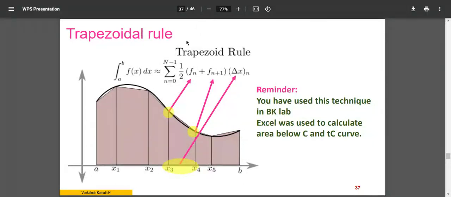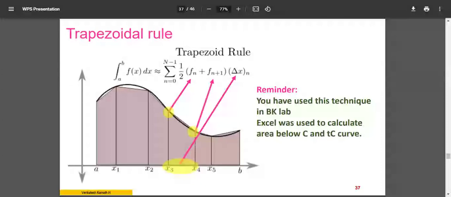Is that clear to all of you, conceptually? If you are given a curvature, you should be able to break it into trapezoids and calculate the area under the curve. So you don't have to remember the equation shown on the slide. Conceptually, you understand it. You are supposed to create trapezoids and calculate the area below each trapezoid.